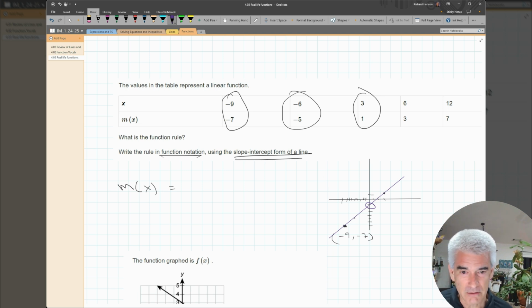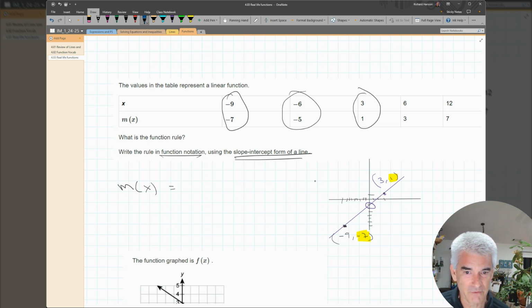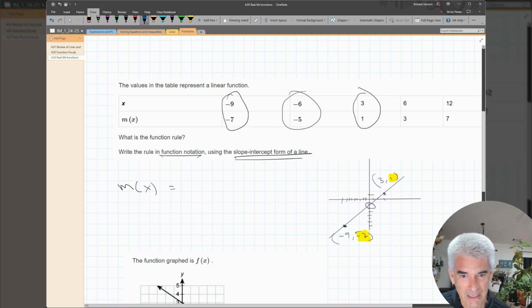Okay, so let's look. Starting on the left point and making my way, let me write the point here. This is 3, 1. It helps me to focus on the coordinate that I want. So I'm looking at the y coordinates. If I started at negative 7, by the way, positive slope is going uphill from left to right, negative slope would be going down. So starting at negative 7 and ending at 1, I went up 8.